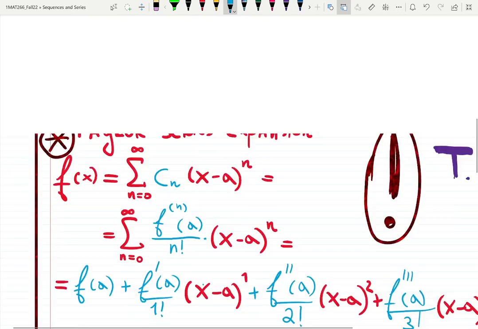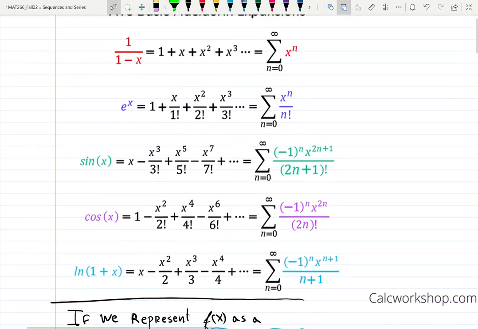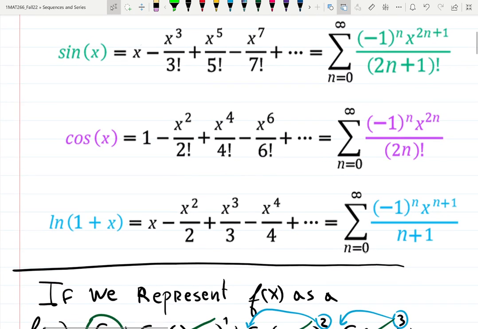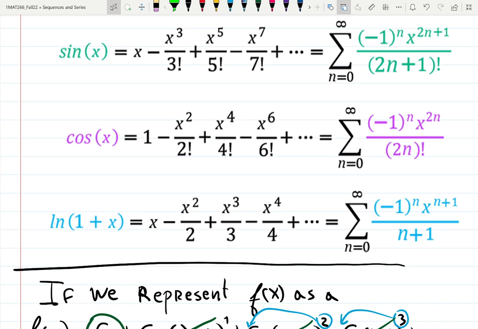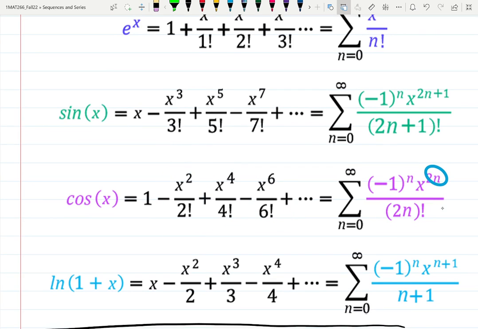Now, when you go back to the table I gave you at the very beginning, it's nice if you have this table in front of you for a couple of weeks, until the end of the class, actually, it will be important. Cosine function, here it is: 1 minus x squared divided by 2 factorial, plus x to the 4 divided by 4 factorial, x to the 6 divided by 6 factorial, and in general x to the 2n divided by 2n factorial. While sine, so let me put some notes.